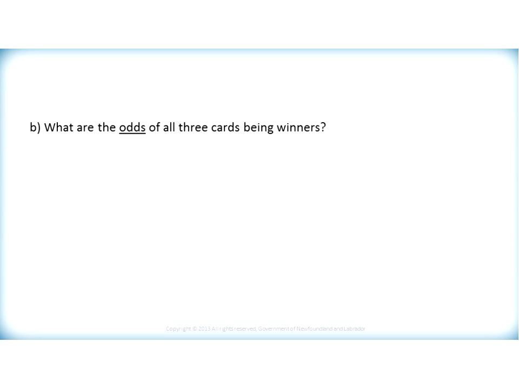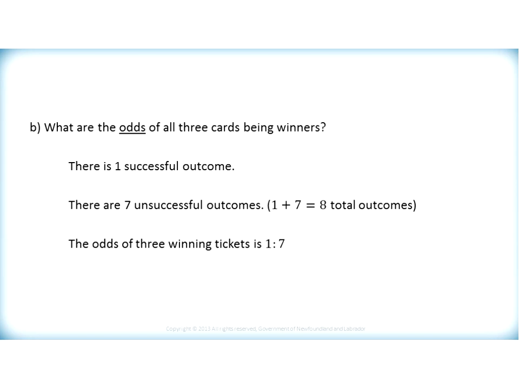But what are the odds of winning all 3 cards? Well, like we said, there is one successful outcome, and there are 8 total. So that means that there are 7 unsuccessful outcomes. So the odds for winning all 3 cards is only going to be 1 to 7.